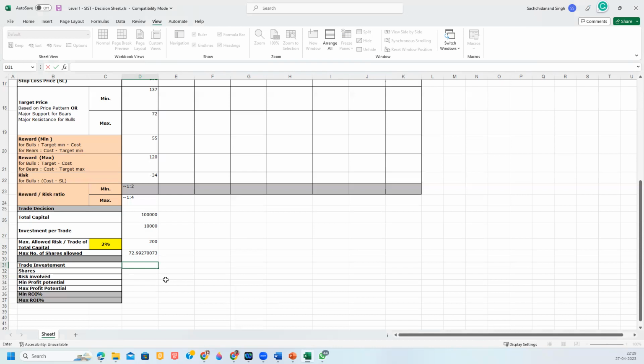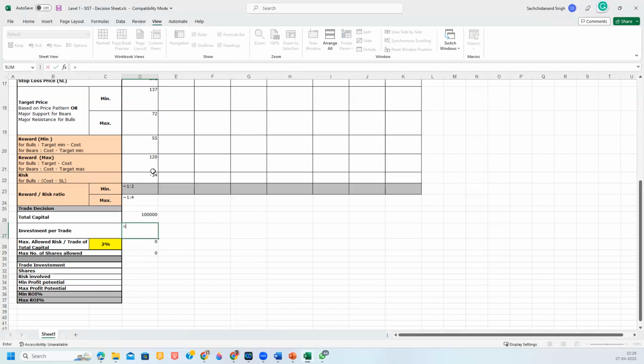See, for the number of shares allowed, from my total capital I will take 10% aside. In this example, suppose 1 lakh is my total capital for investment purpose, and I'm taking 10,000 out of that. Here, investment per trade is the value I should be taking, which will be equivalent to the value of that particular stock.